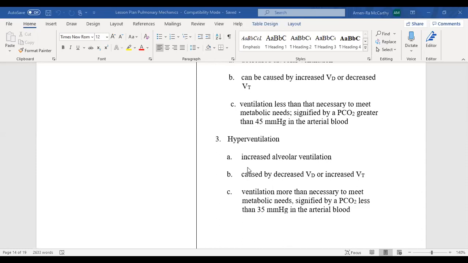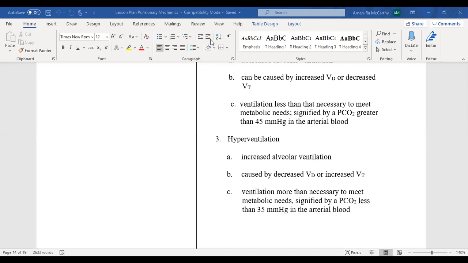Now you can see why COPDers, what kind of CO2 number would a COPDer have? Think about that. Greater than 45 or less than 35 for a COPDer? Think, okay. You say greater, you say greater. Anybody say anything different?